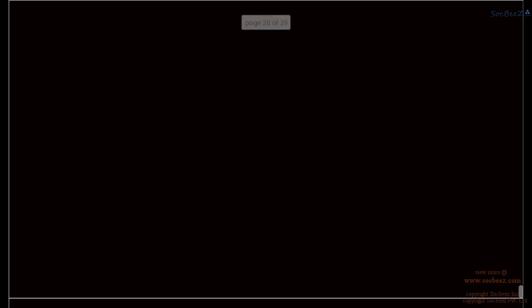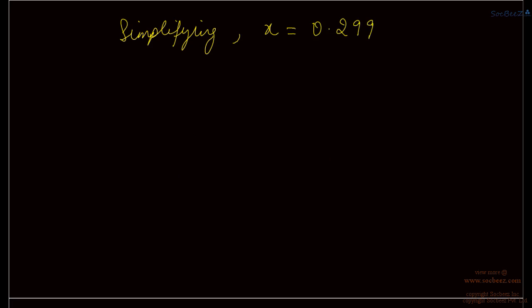So simplifying this, we get the value of X as 0.299.